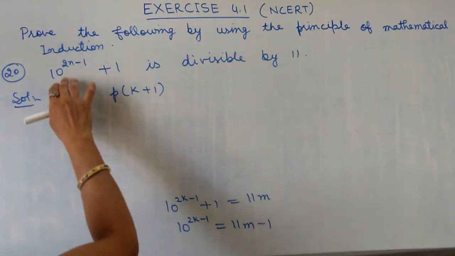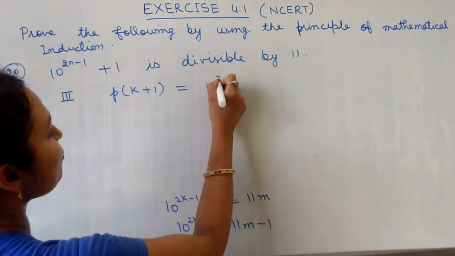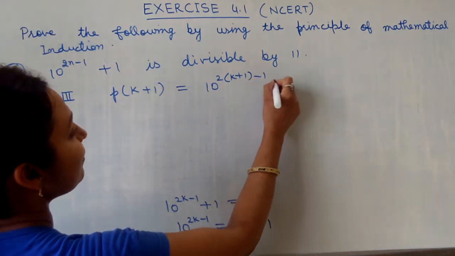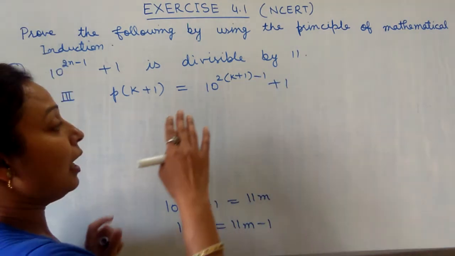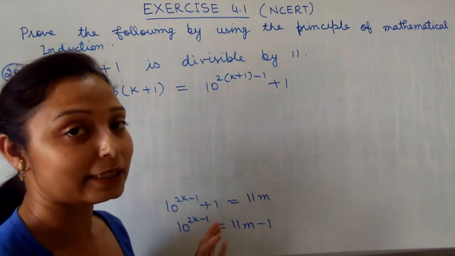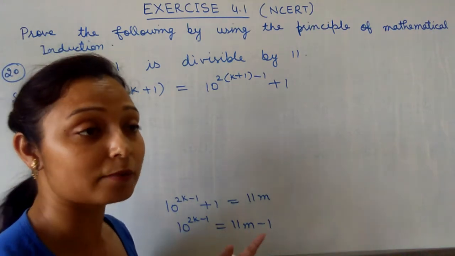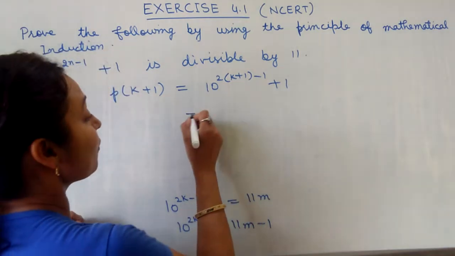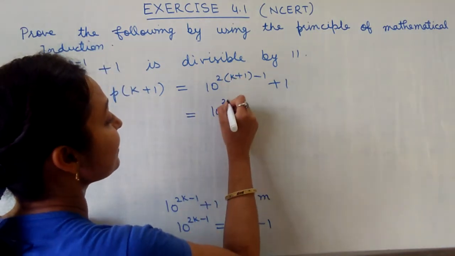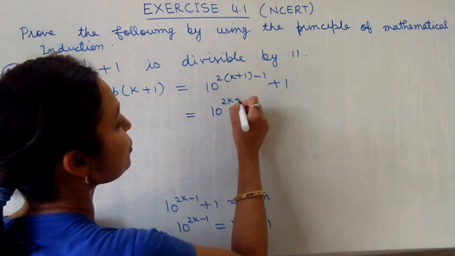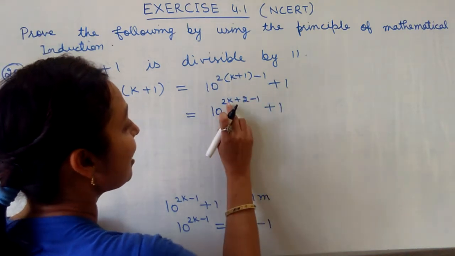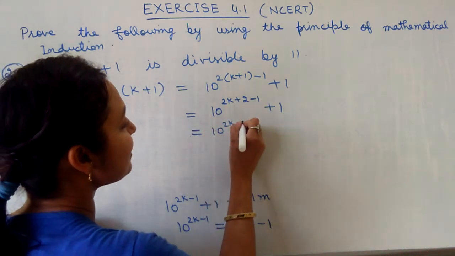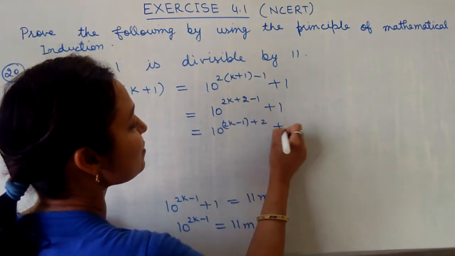When you want to prove it for k plus 1, we have 10 raised to power 2 into k plus 1 minus 1, plus 1. Okay, I want to show it is divisible by 11. All terms should be divisible by 11. So for that I will write it as 10 raised to power 2k plus 2 minus 1, plus 1. I will take 10 raised to power 2k minus 1 along with 10 raised to power 2, plus 1.